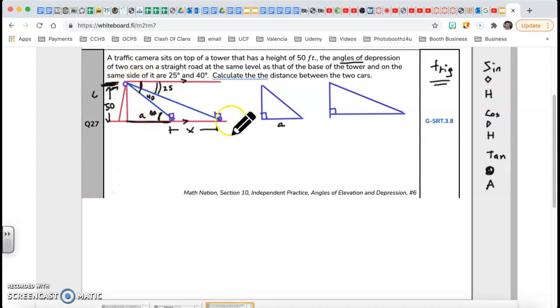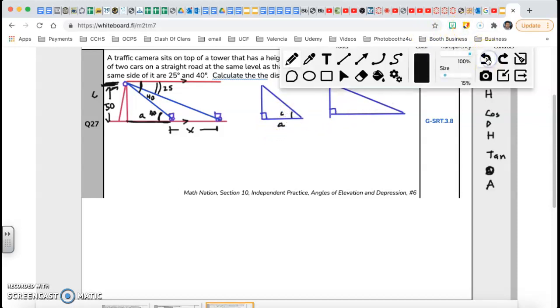So this triangle is the first triangle that I have here, and this angle is 40 degrees. That's a horrible 40, but it's a 40. Let me write it again, bigger. 40 degrees. The angle of depression is 40, the same as the one inside because of alternate interior angles.